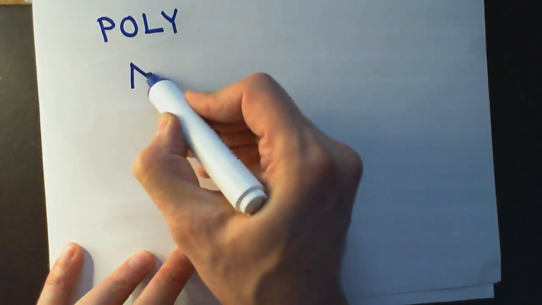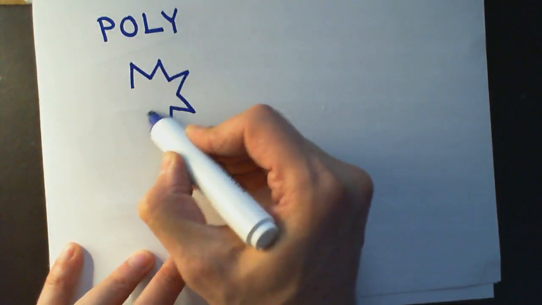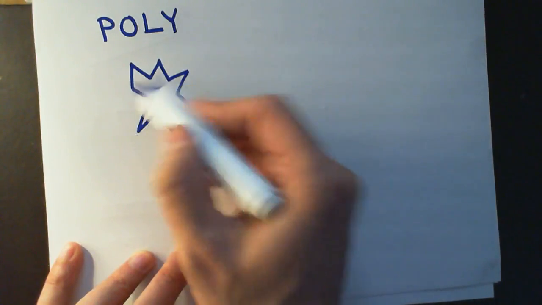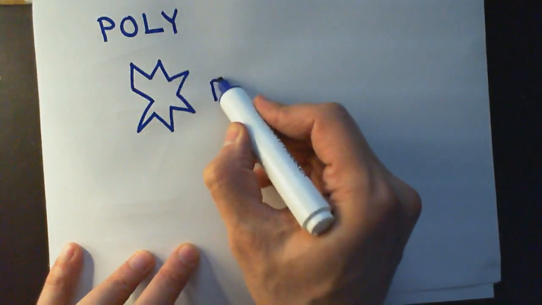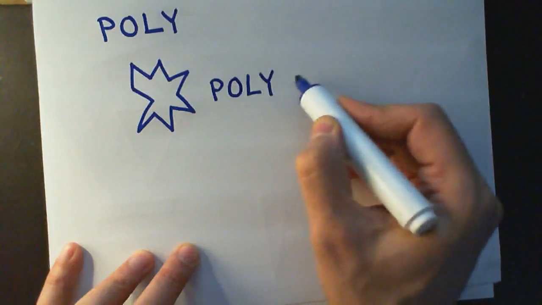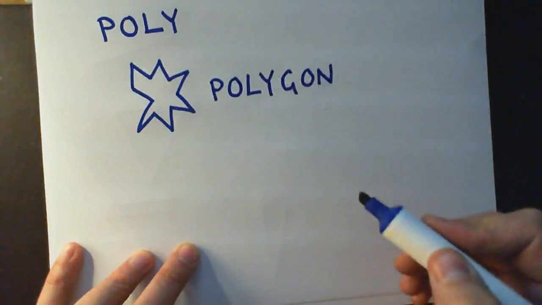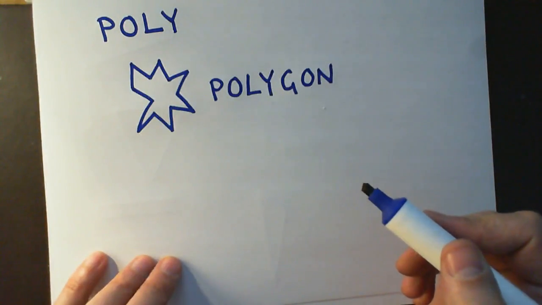For example, this one here, lots of corners, right? 1, 2, 3, 4, 5, 6, 7, 8, lots of corners. So it's a polygon. And we call it, very simply, a polygon. So anything with more than the minimum of gons to make a shape is a polygon.